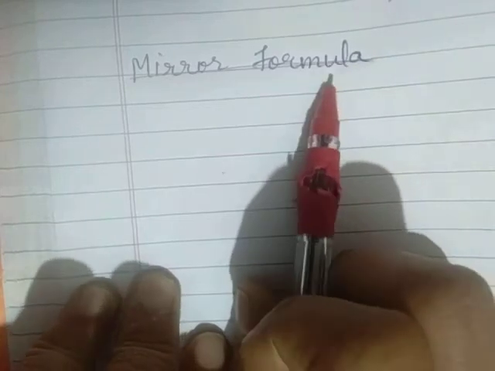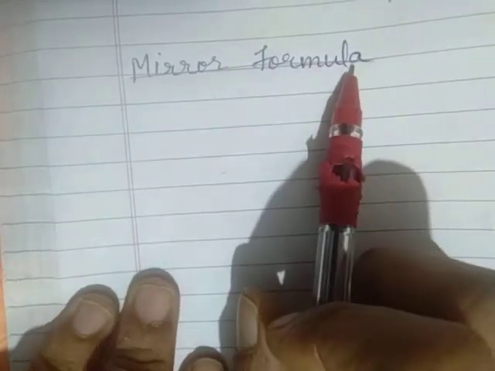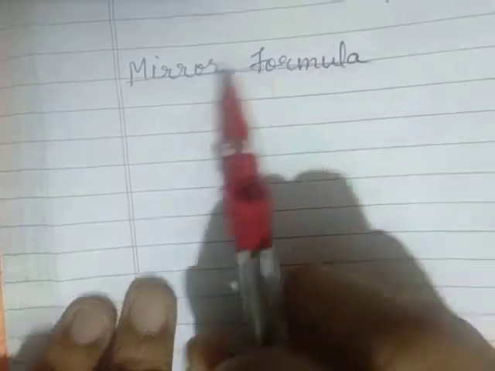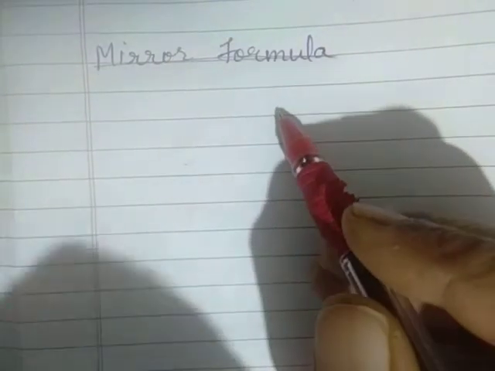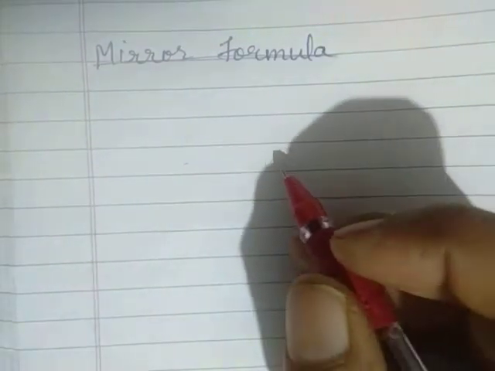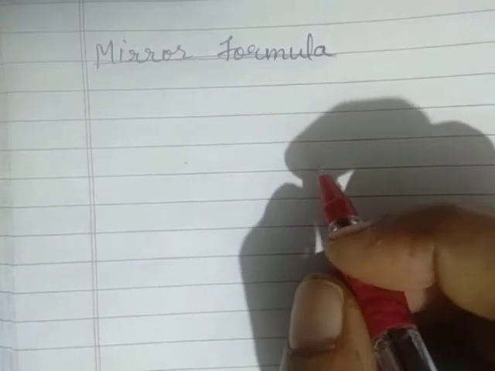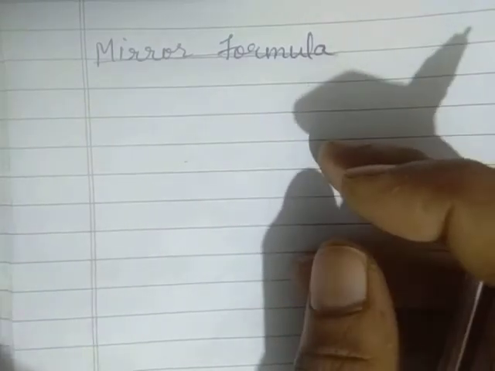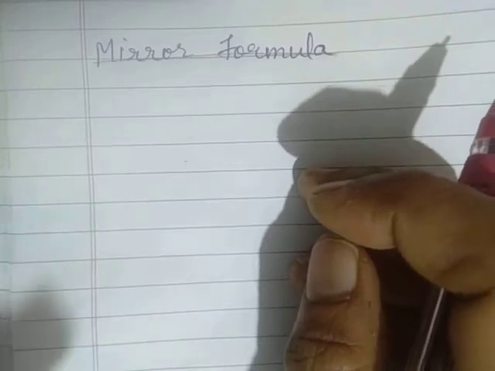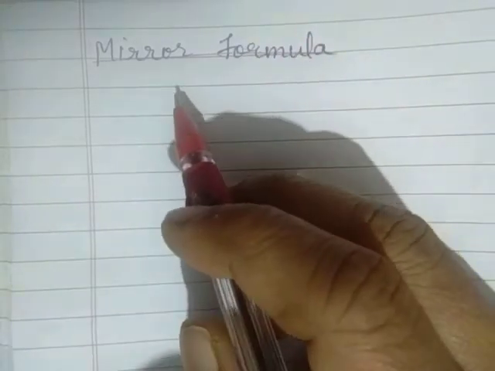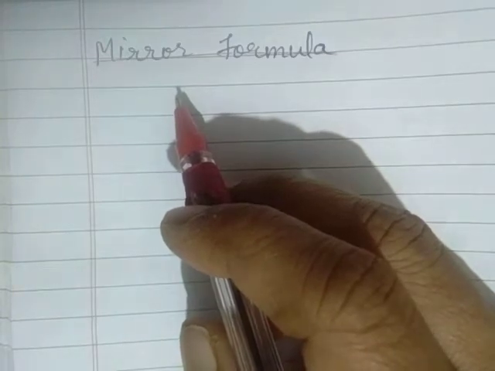You have learned about the Cartesian system, and now you know which side is positive and which is negative. By using this Cartesian system, we get correct values of distances.